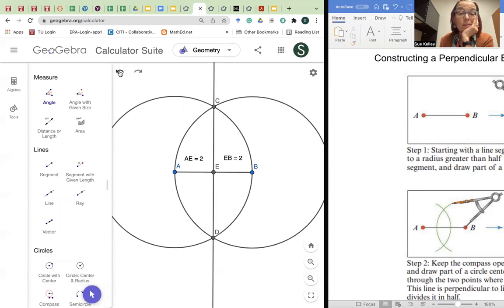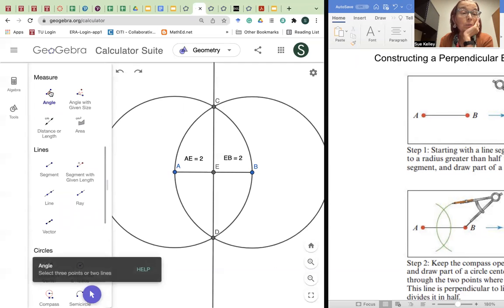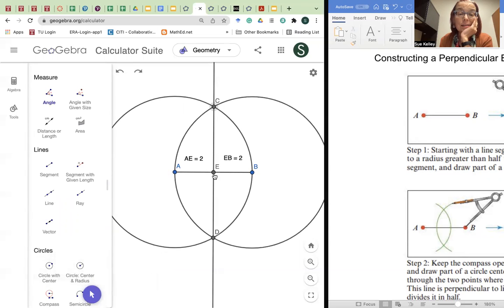So I'm going to undo that, and I'm going to measure instead the other direction, CEA. Look, and notice how it got kind of pointy there. Remember that that's our symbol for a 90-degree angle, drawing that little box in the corner. So I have one 90-degree angle.